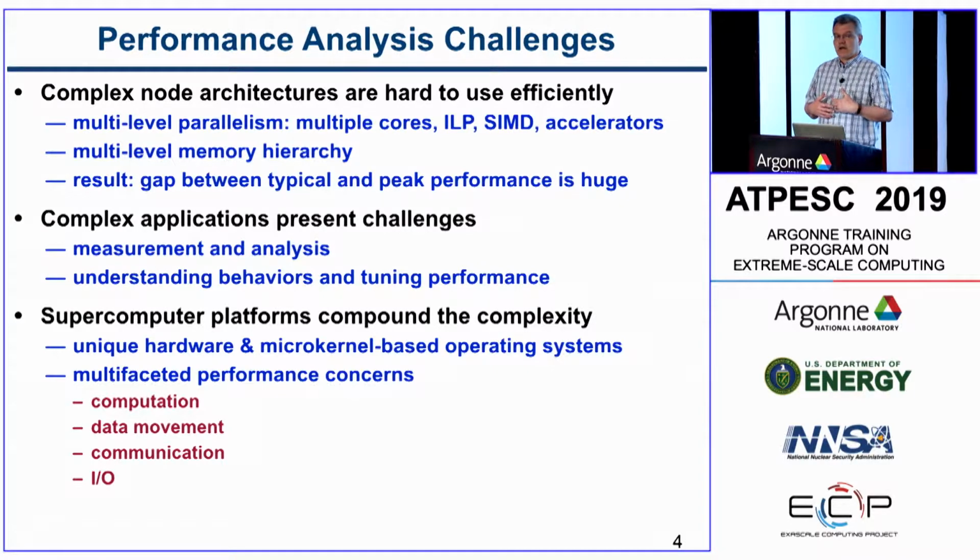If you're not using all these levels of parallelism and not using the memory hierarchy effectively, then there's going to be a big gap between the performance that you achieve and the performance that would be peak on the machine. Don't expect to get peak performance, but you shouldn't settle for less than 5% either.